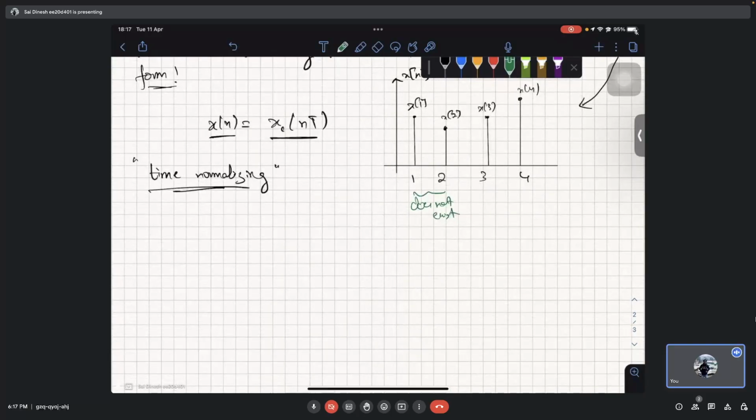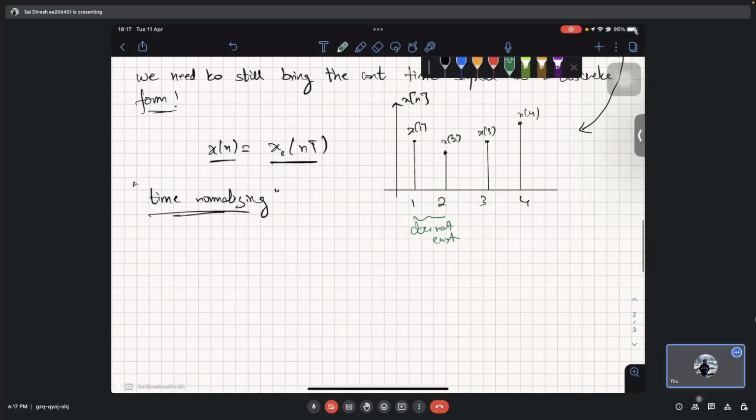So finally, this is the discrete time signal. Okay.